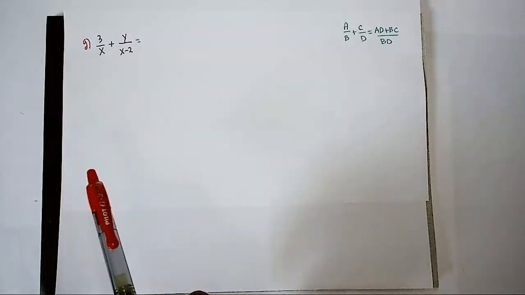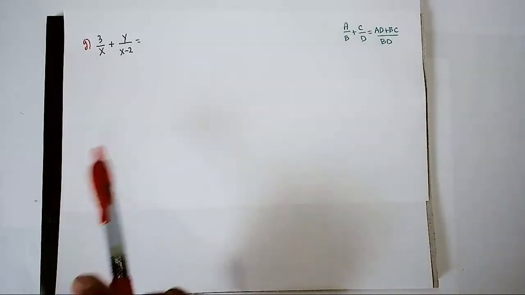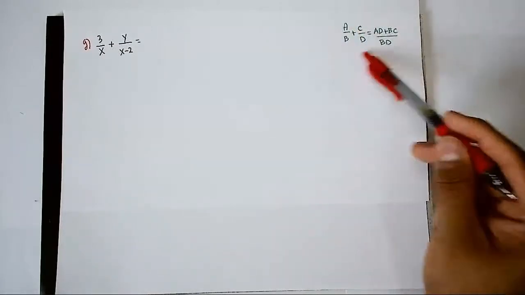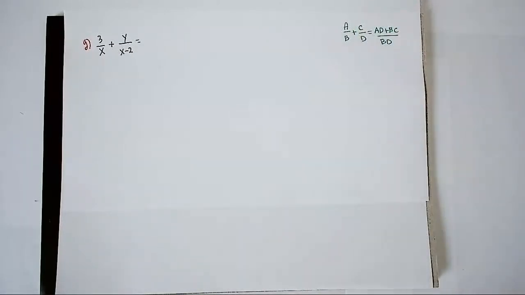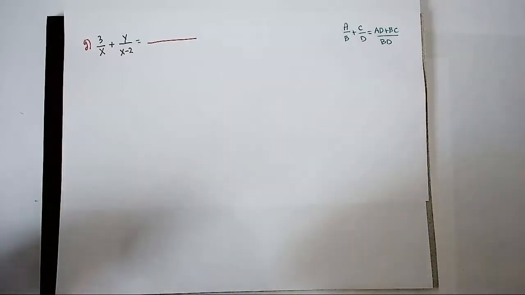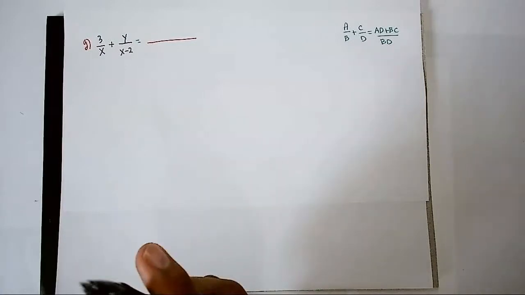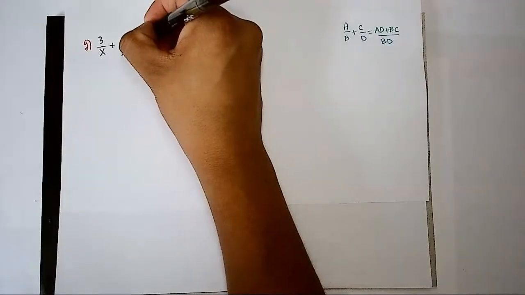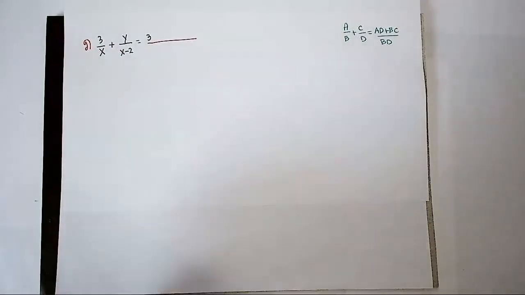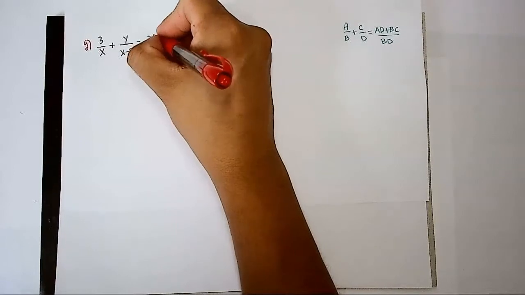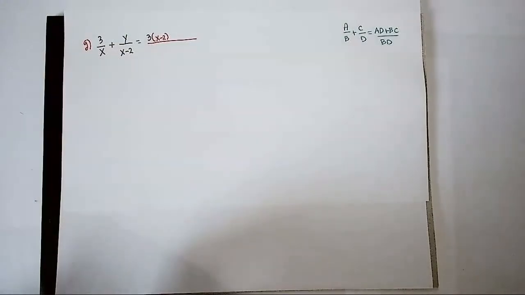G has the addition of two fractions with different denominators. Therefore, we need to use this formula. We will multiply the numerator of the first fraction times the denominator of the second fraction.